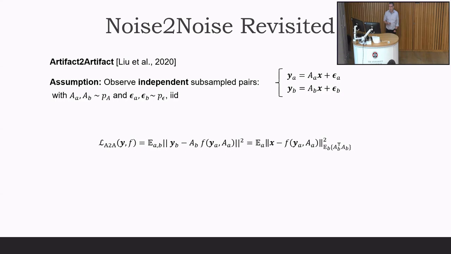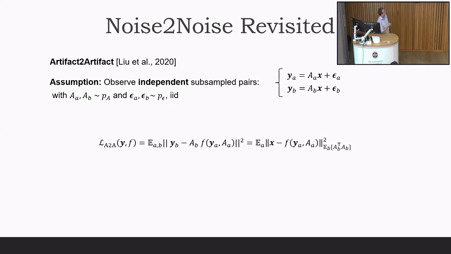So in this setting, it's relatively easy to show again that taking the expectation where we predict the noisy measurements taken from one operator from the prediction made with the data from the other operator projected back. So we're predicting using the capital A, little a, but we're taking the measurements of that with capital A, big A, and we're comparing that to YB.